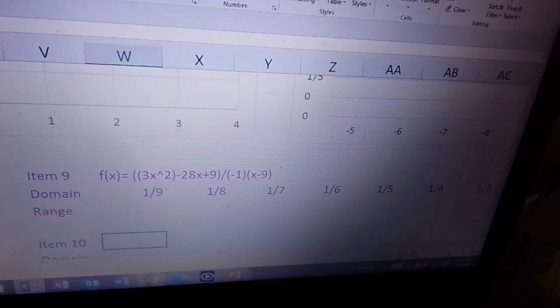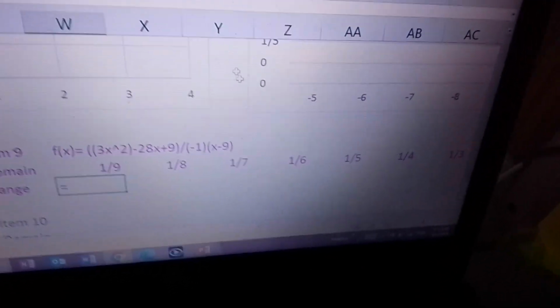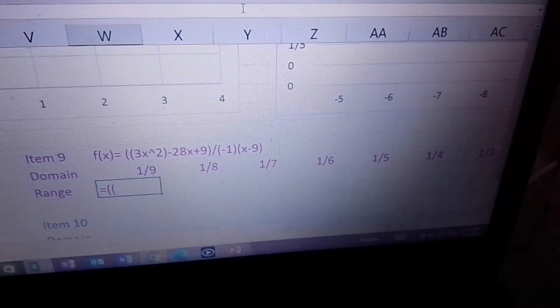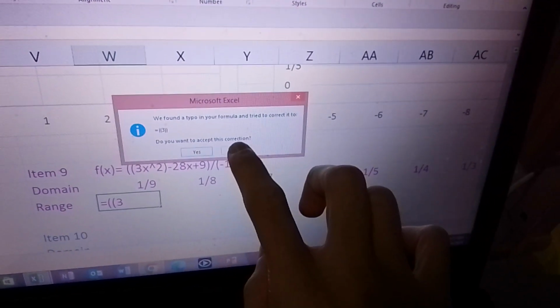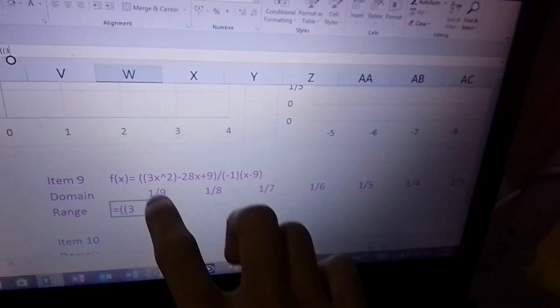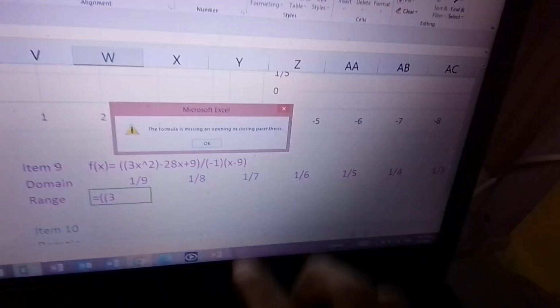Now, here's how we're going to solve for the formula. So, again, the formula is still the same as follows. Click on this one. Then, input the formula. Close parentheses. 3. Then, the cell that you want. Wait lang guys ah.